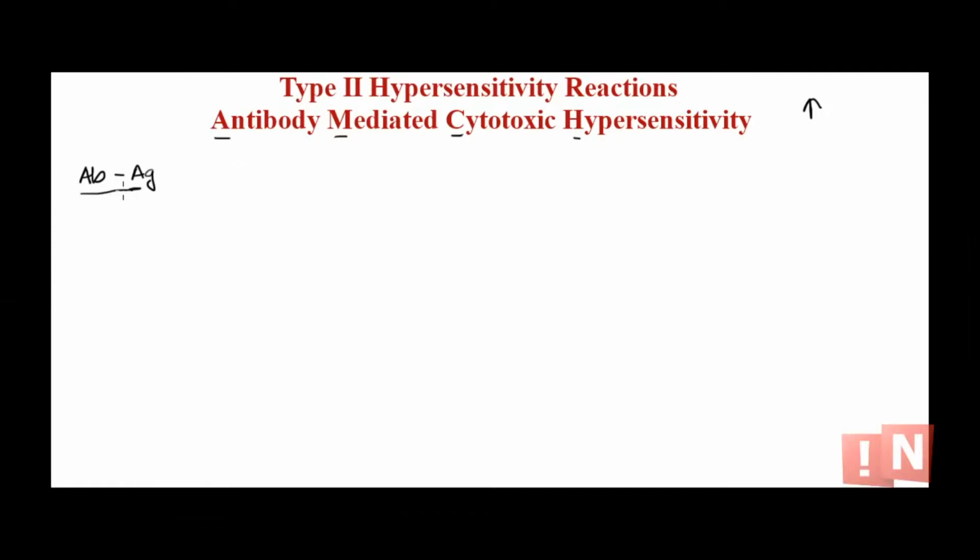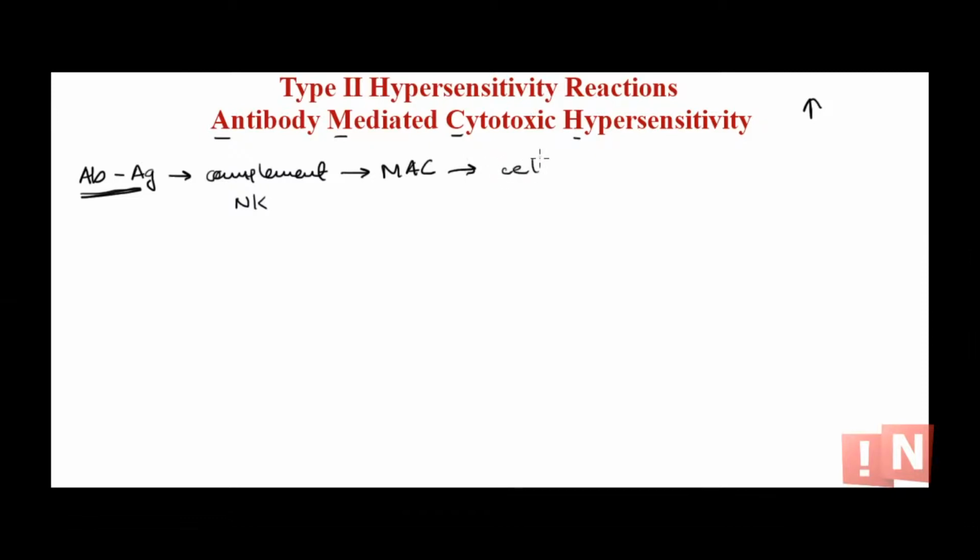And this complex can actually call so many other things for help, like it can activate the complement system. It can also call other cells like NK cells, neutrophils, macrophages to clear up the antigen. Now, if complement is called, we have already talked about the whole complement system, it results in membrane attack complex, which will lyse the cell.